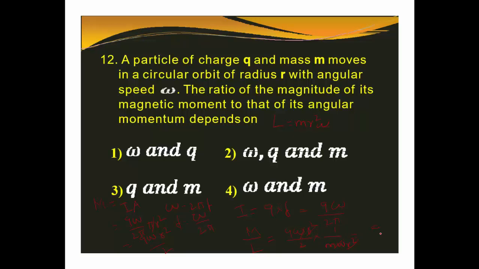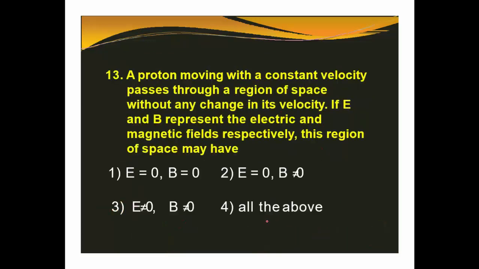What remains? q by 2m. So it indicates that the ratio M by L depends on q and m. So the option is the third one. Okay, with this, next we will go for the next question.